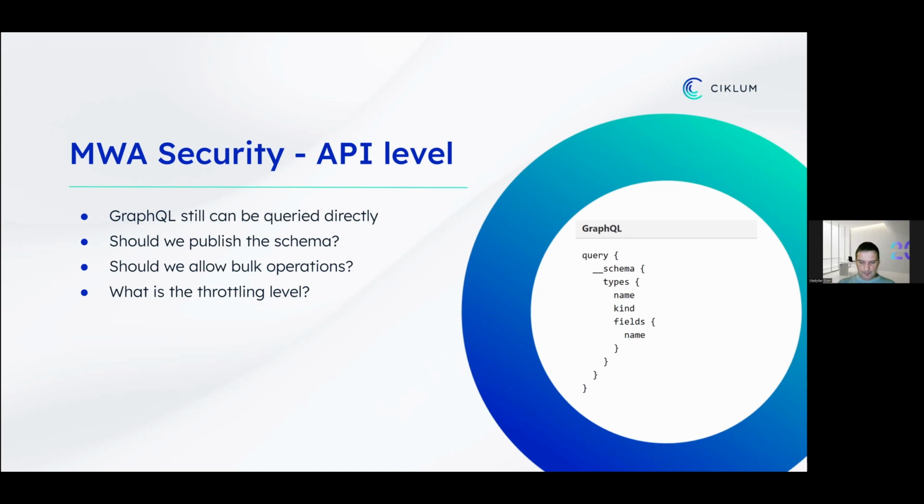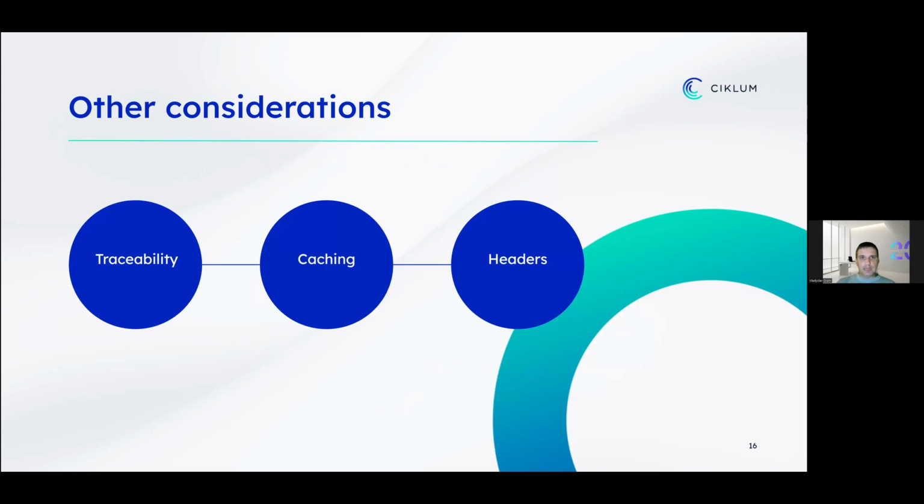But the question is still, how many is good? And the answer is different for every website, because some websites have millions of users per day, and some websites have 1 or 2 users per day. It depends completely on the website.